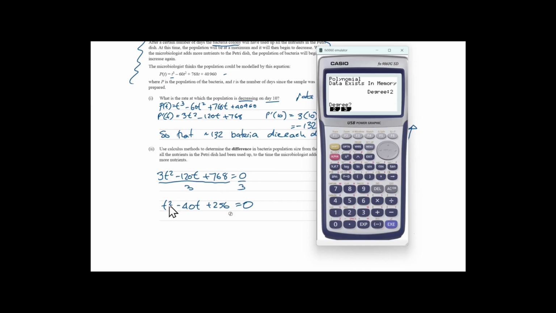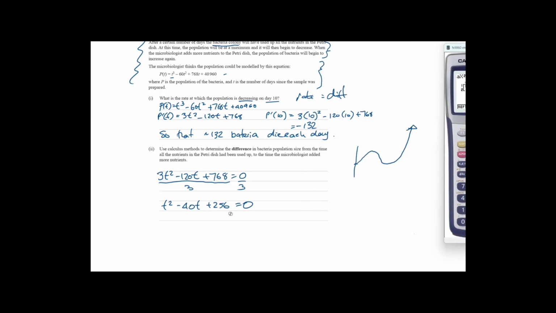It's a degree 2 because it's to the power 2. So I'm going to put in 3, minus 120, 768, all entered, and 32 and 8. So in other words, this is day 8 and this is day 32.